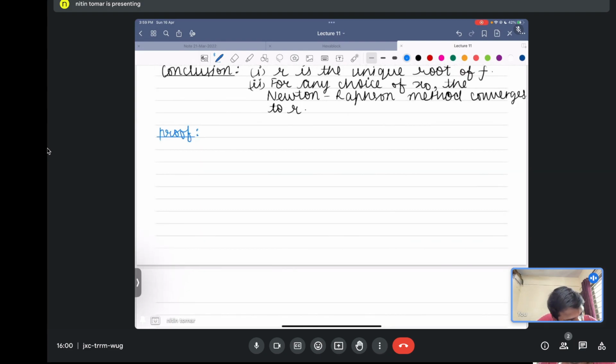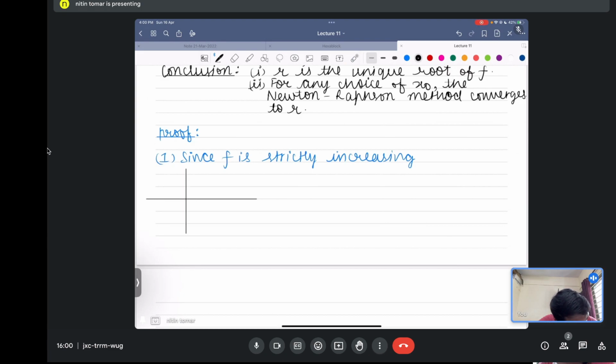So proof of 1. Now since f is strictly increasing, what does it mean?